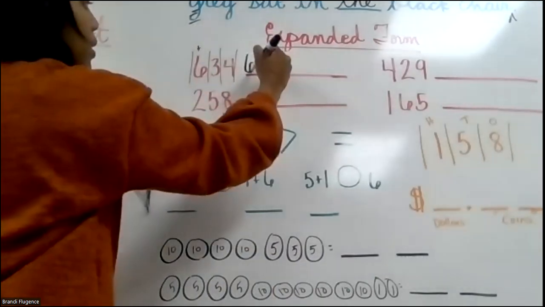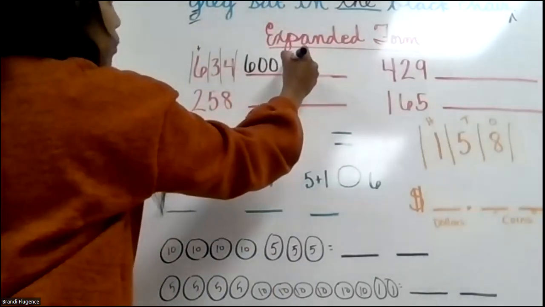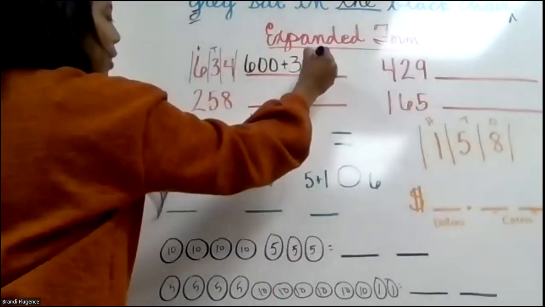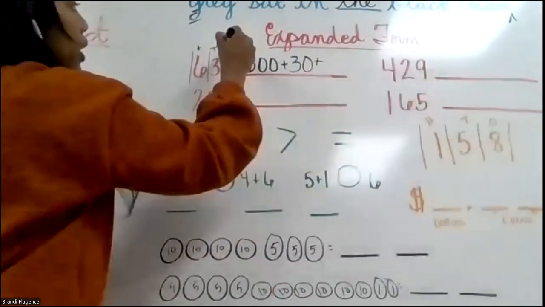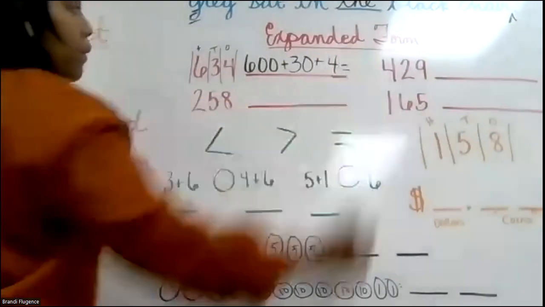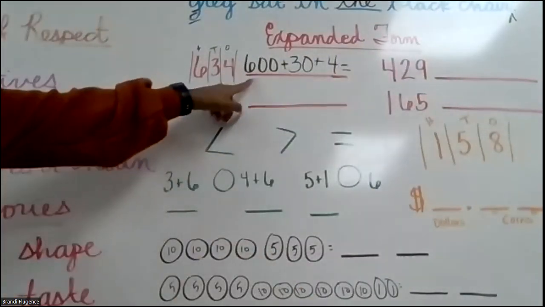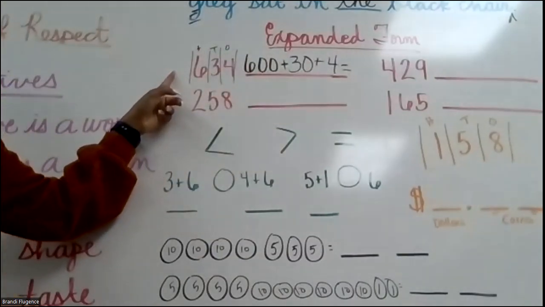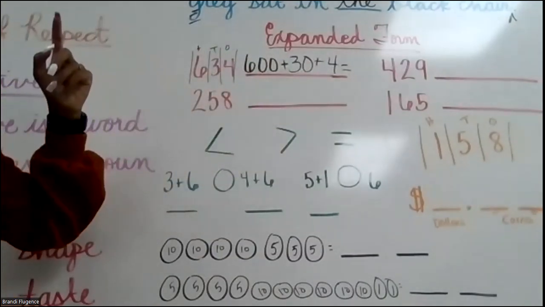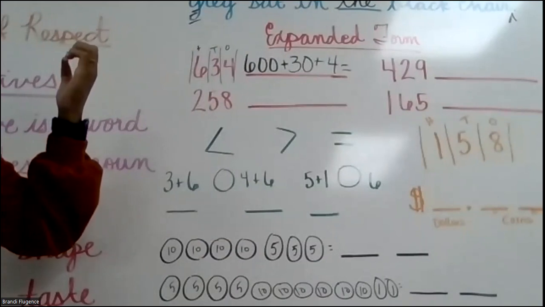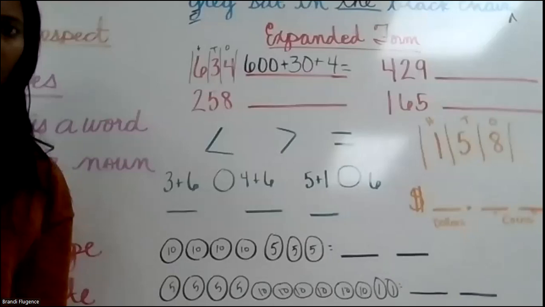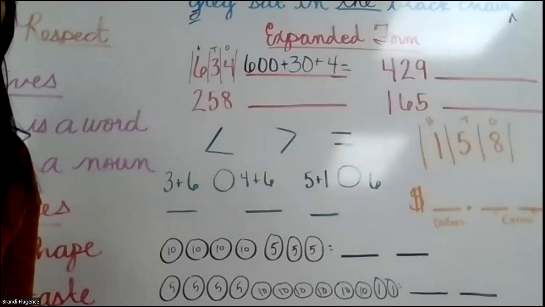So that means I have 600 plus how many tens do I have? 30. 30 plus how many ones? 4. That's how we expand it. 600 plus 30 plus 4 makes the number 634. This is how we write something in what's called expanded form. See what I'm saying?